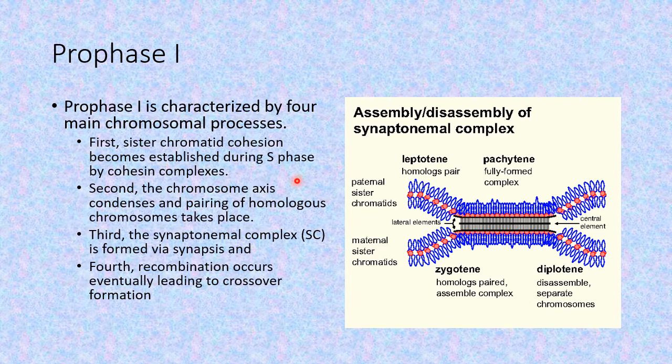First thing is that the sister chromatids associate with each other. When the DNA molecules are replicated during the S phase, the replicated DNA molecules, which take the form of sister chromatids in the chromosome, do not separate from each other.